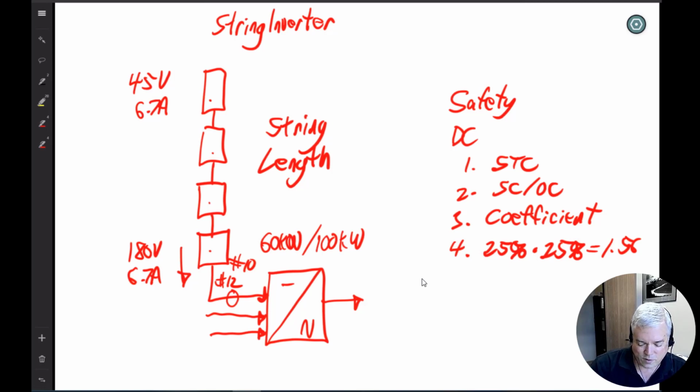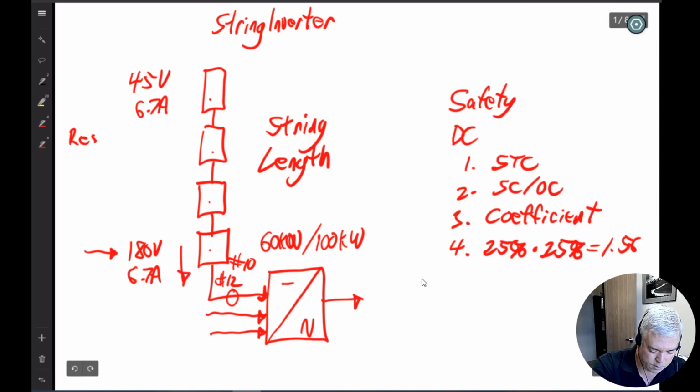So let's go back to string length then. What is the limiting factor on how many modules you can put together on a DC circuit or a string? The limiting factor is this total voltage value. There's a limit for residential. It's typically 600 volts, and this is not in the code, I don't believe.